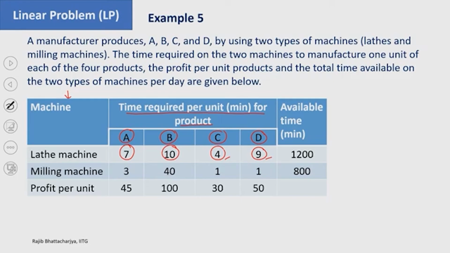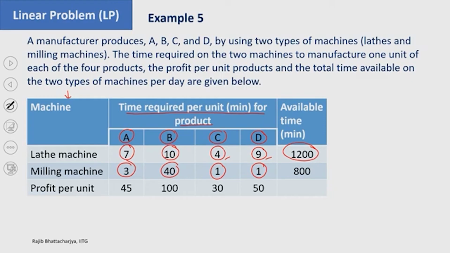Now, the total available time. The lathe machine is available for 1200 minutes. For the same product A, if we are using the milling machine, then the time required is 3 minutes for product A, then 40 minutes for product B, then 1 minute for product C, and 1 minute for product D. Now, what is the profit we can earn?